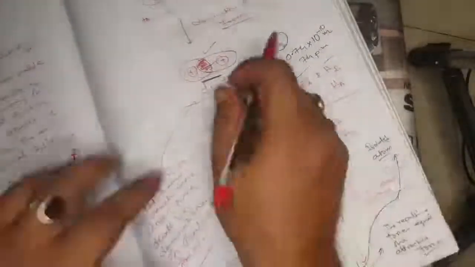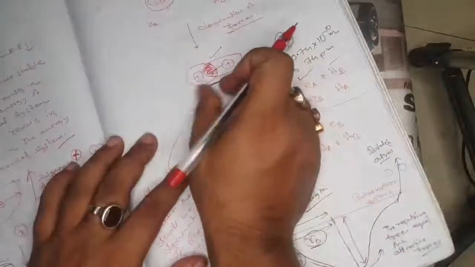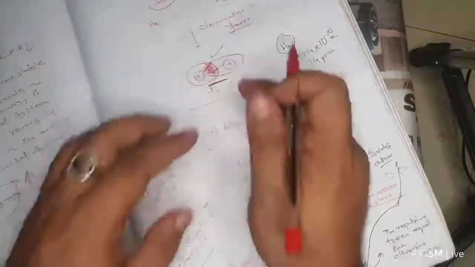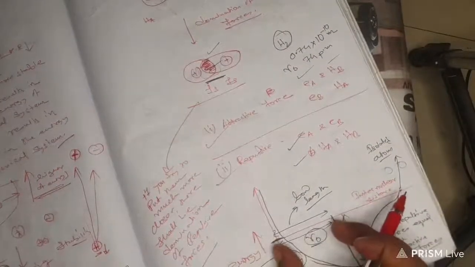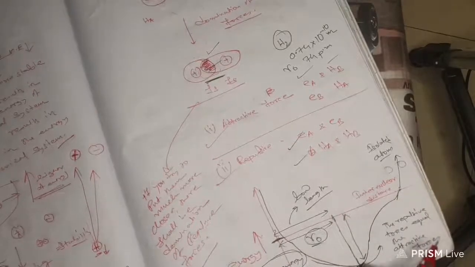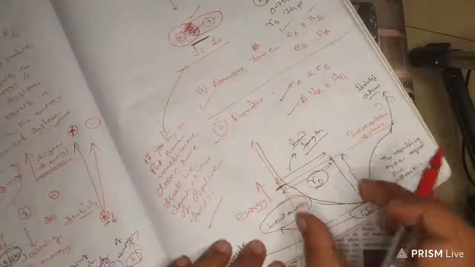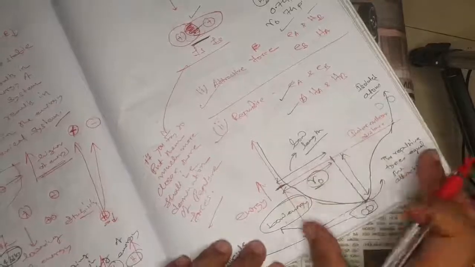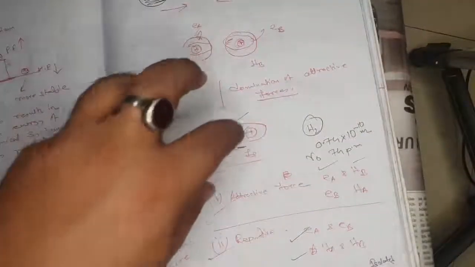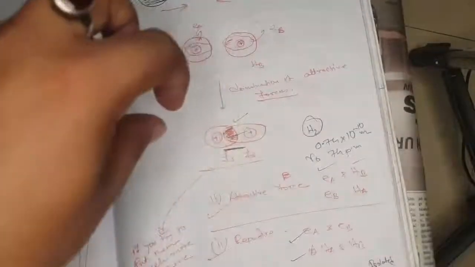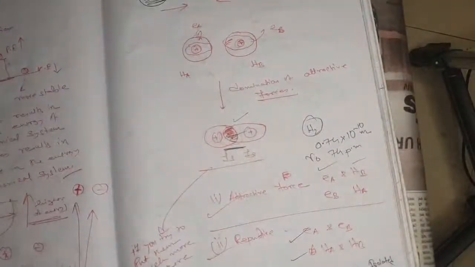Too much overlapping is also not possible, because if they go too near to themselves, then there will be repulsion and hence the energy will increase. So there should remain a particular internuclear distance and a particular bond energy so that it has the lowest energy.